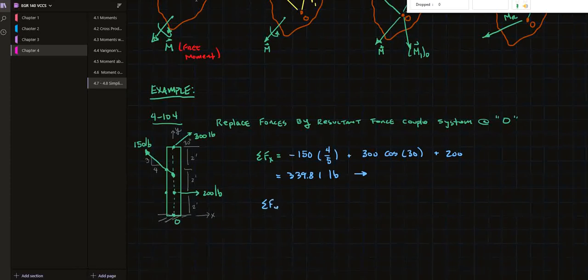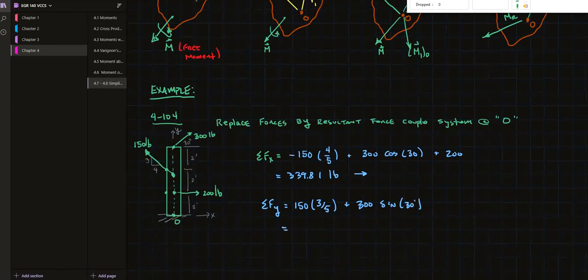Summing our forces in our y direction. I can move all those down to O. In the y direction, nothing there. We have positive here, so 150 times 3/5. Positive there, plus 300 sine of 30 degrees.